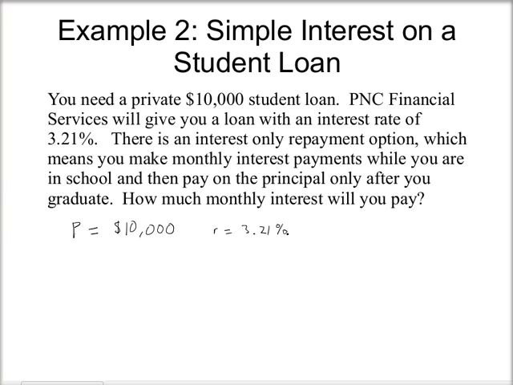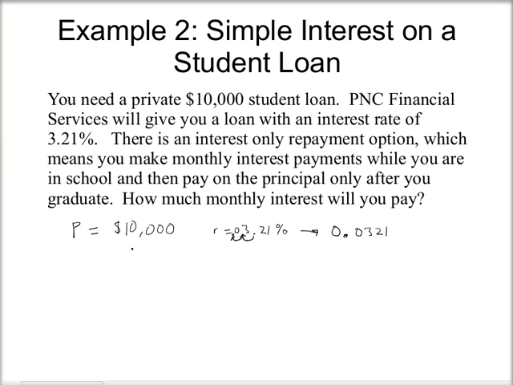So let's change that to a decimal. We're going to move the decimal point over 2 places to the left, 1, 2, so we need to put another 0 here. So that is going to give me an interest rate of 0.0321 in decimal form.